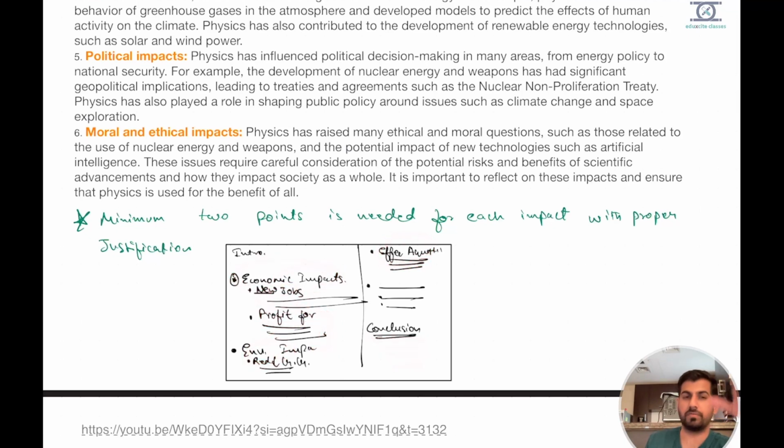No need to justify in the conclusion. Just mention these are my positive points, these are my negative points, but for the negative you are providing proper solutions or probable things that can be done. For example, the government should create awareness about the use of AI.